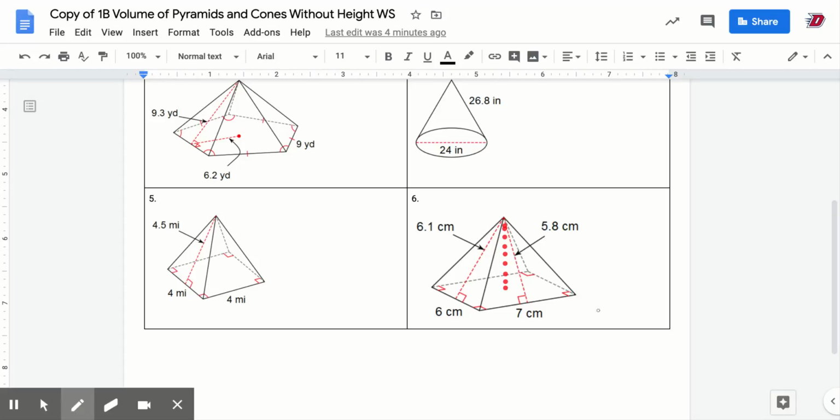And for the right triangle, the dimensions are the apothem, the height, and the slant height. Okay, so I'm going to go ahead and just choose the 6.1. So I'm going to draw the apothem from right here.